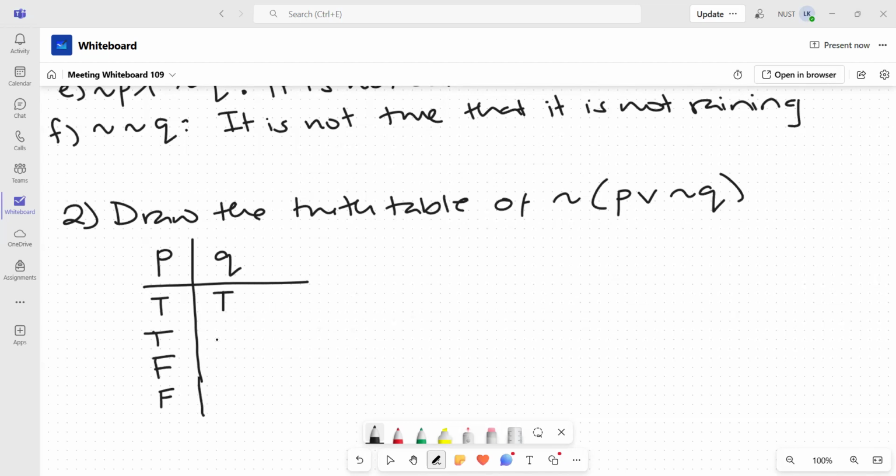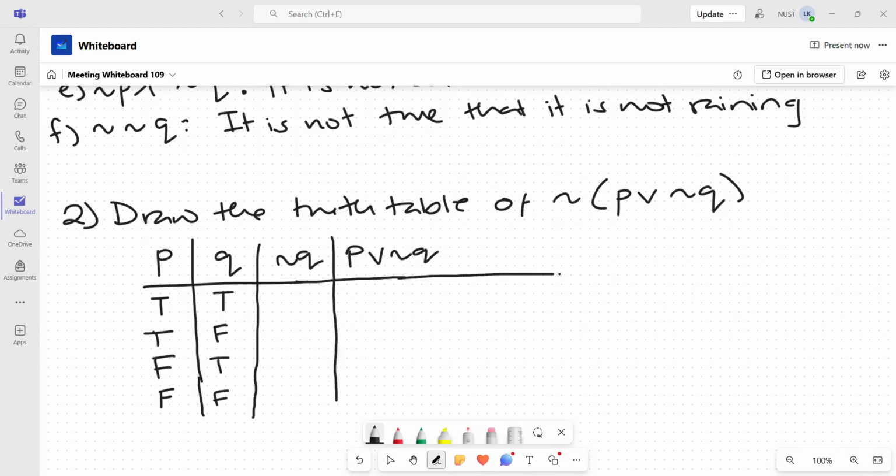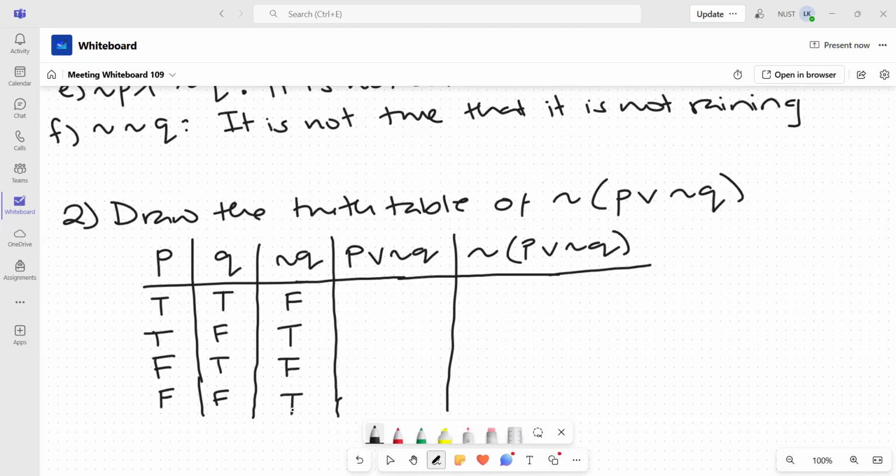Then we have true, false, true, and false. Then we need not Q. Then we need to work out P or not Q. And then we need the negation of P or not Q. Okay, so this is what we need. So not Q, this is false, true, false, and true.